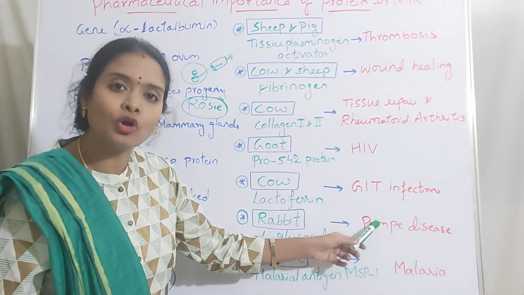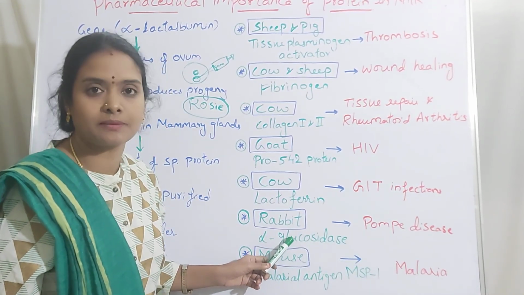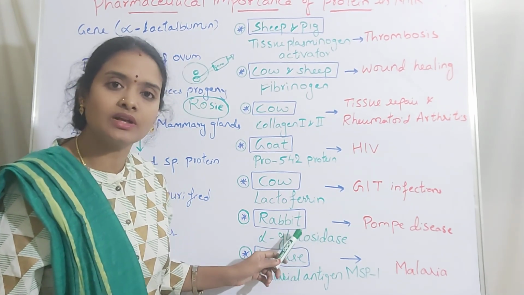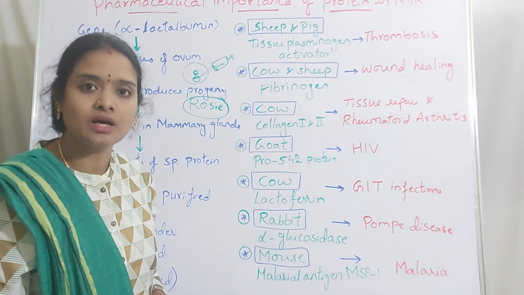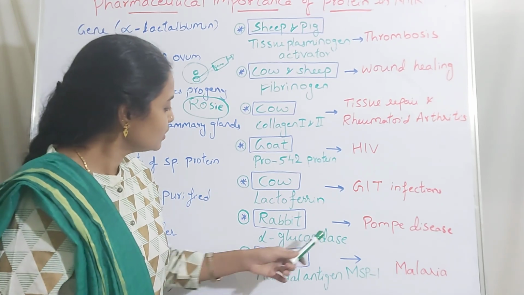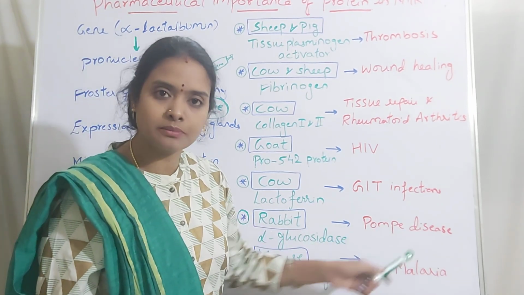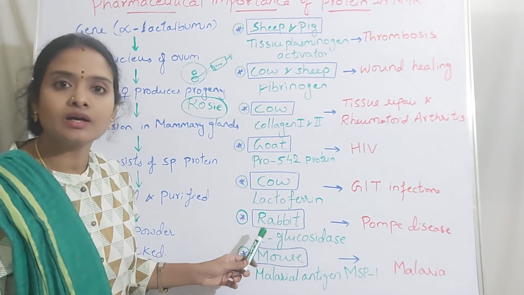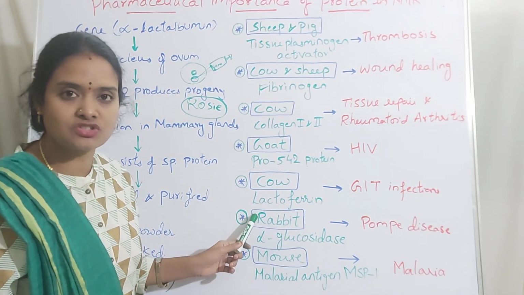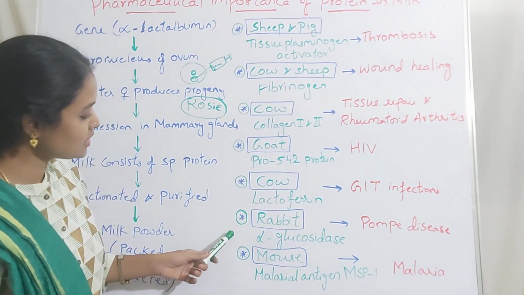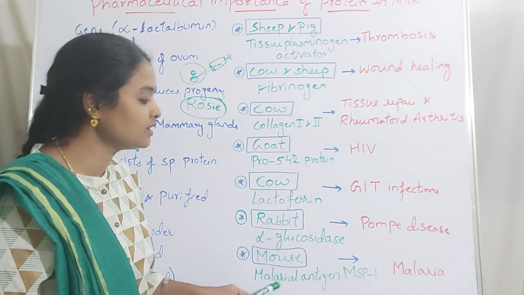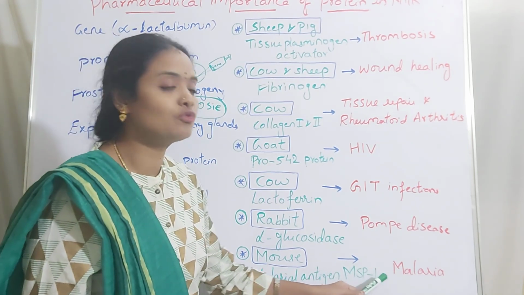They will be broken down by this enzyme, right? When it is broken down by this enzyme, it will again help the small intestine to absorb, right? So in that way Pompe disease can be cured by having this alpha glucosidase containing milk from the transgenic rabbit.